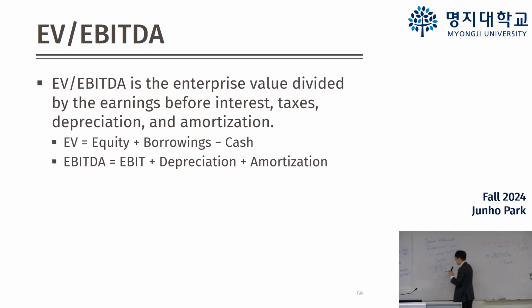So here, from the EBIT, we ignore interest and we consider taxes, and we add back the depreciation, which was deducted before the EBIT. The reason that we ignore interest is because in finance, we understand interest as the payment or the compensation for the debt holders.